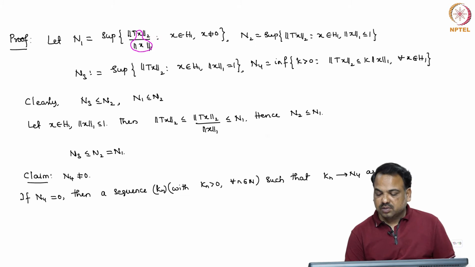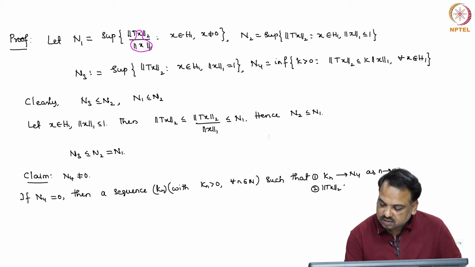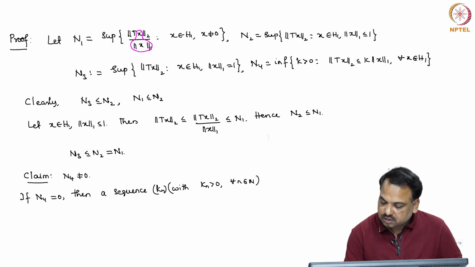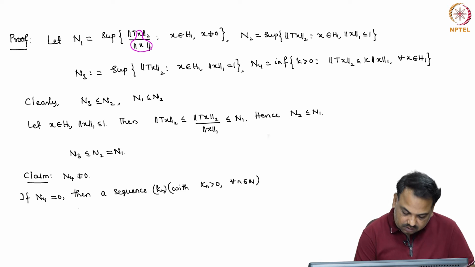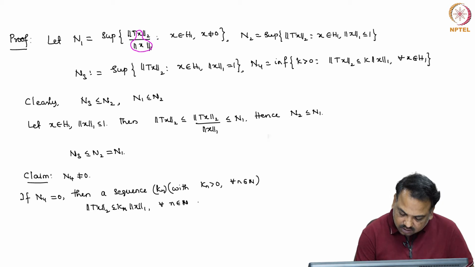Now, what is the property of Kn? The second property is norm of Tx is less than or equal to Kn norm x for every n, and Kn converges to N4.